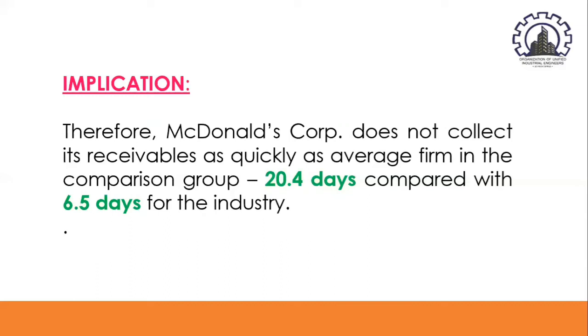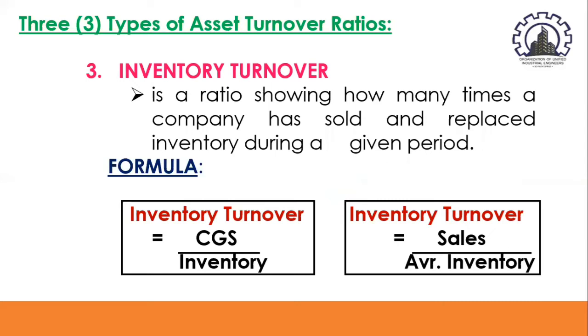Okay, so the next type of asset turnover would be inventory turnover. If we say inventory turnover, it is a ratio showing how many times a company has sold and replaced inventory during a given period.